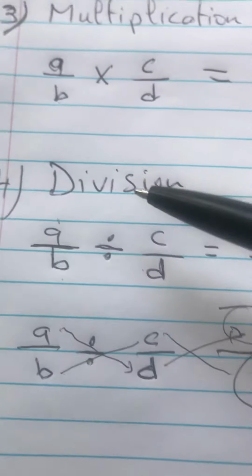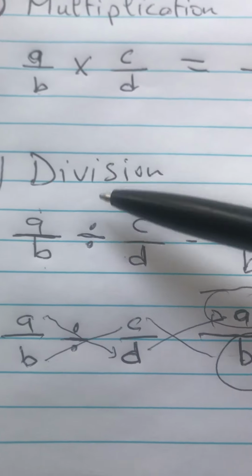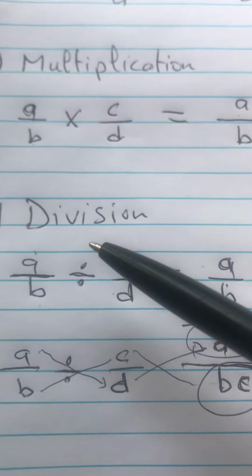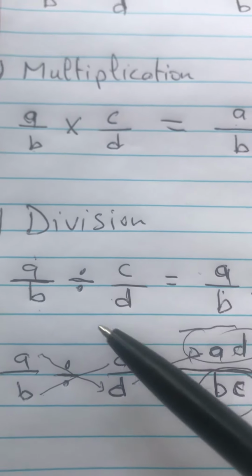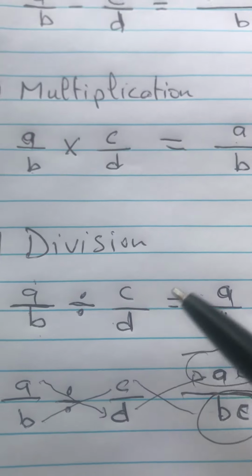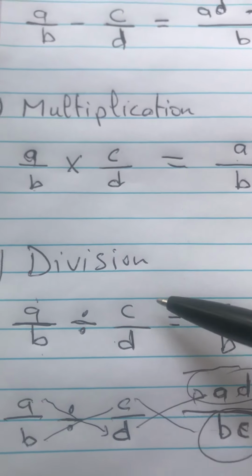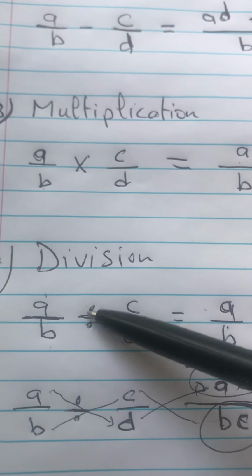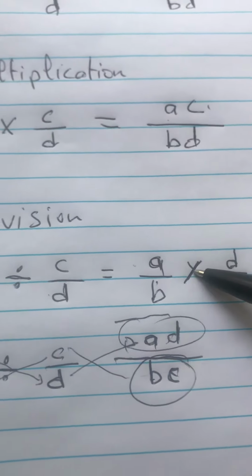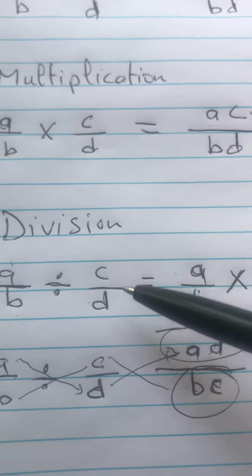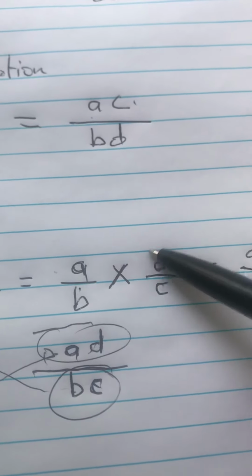I believe that division is the second easiest among the four of them, because division is just like multiplication, exactly the same. The only difference is we turn divide into multiply, then we turn the second fraction upside down.